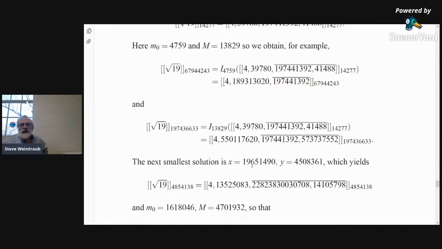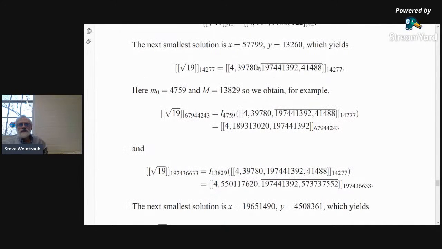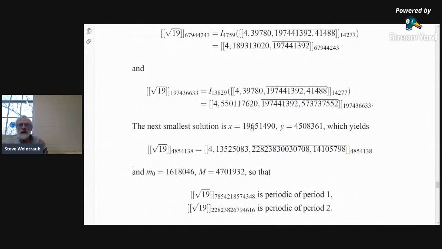And one more base case, if I look at the next solution for Pell's equation after the last one, 57799, 13260, that's going to be S is 19651490, T is 4508361, and you substitute here, you get a periodic best continued fraction expansion from this solution of Pell's equation with numerator 4854138, and here it is, starting at A2 with this numerator and period 2.